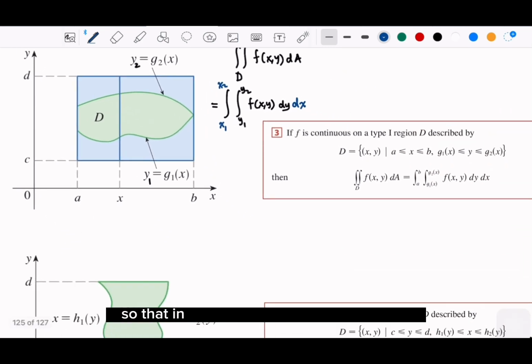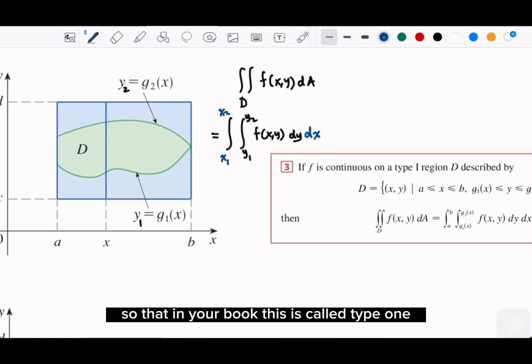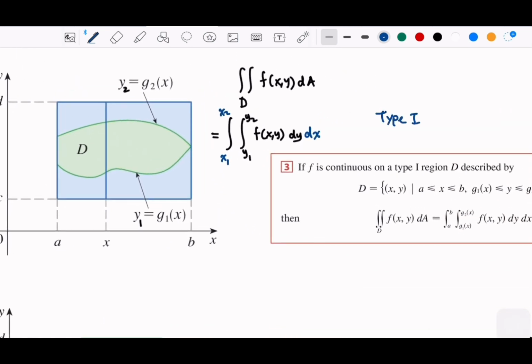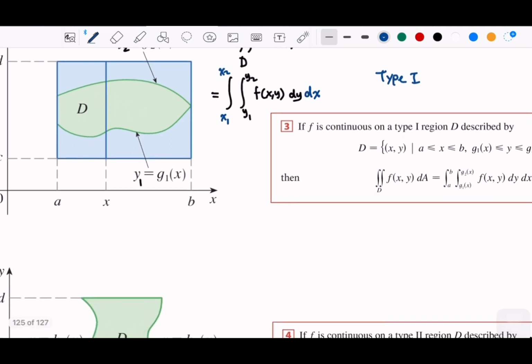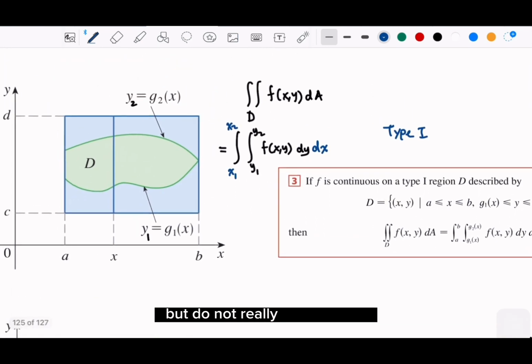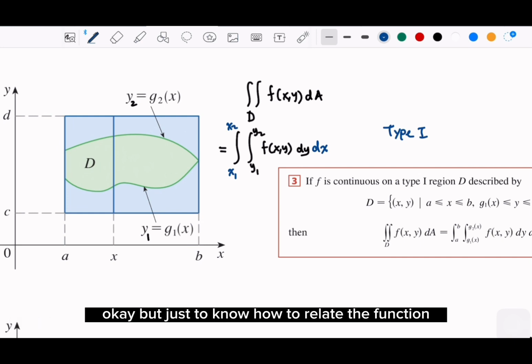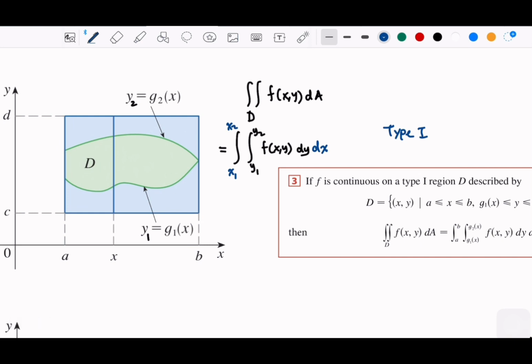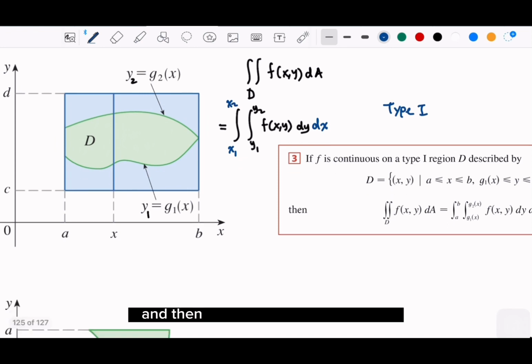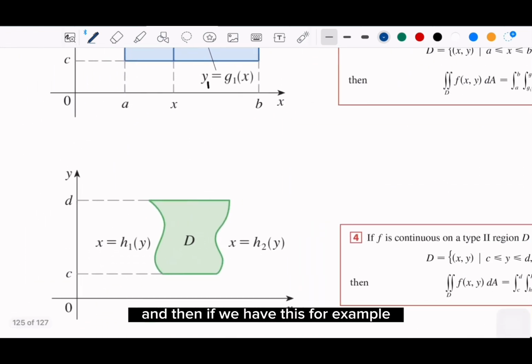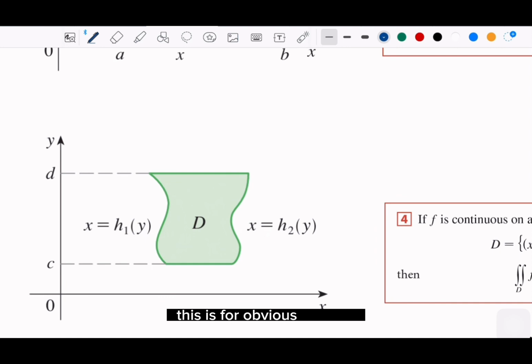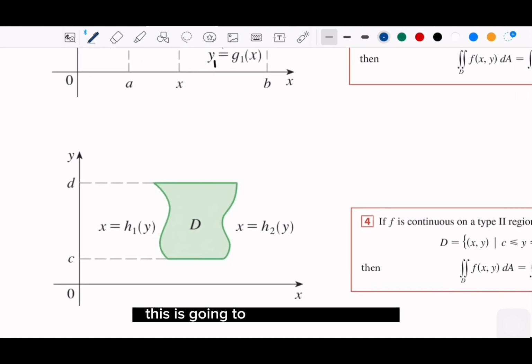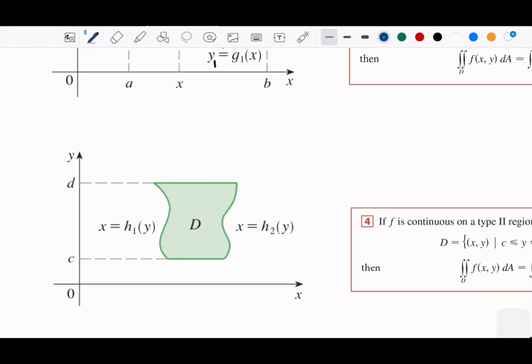In your book, this is called type 1. But do not really focus on the type, just know how to relate the functions. If we have this, for obvious reasons, this is going to be a function of y, right and left.